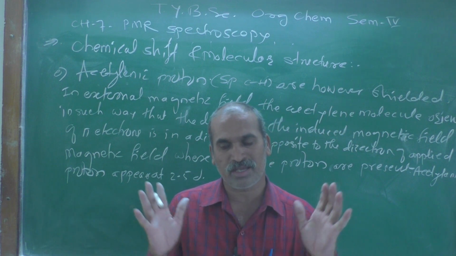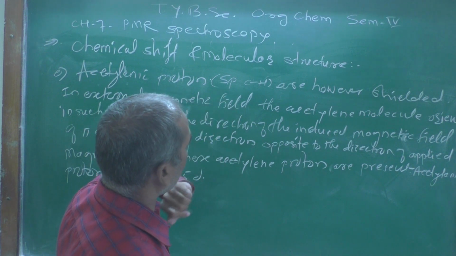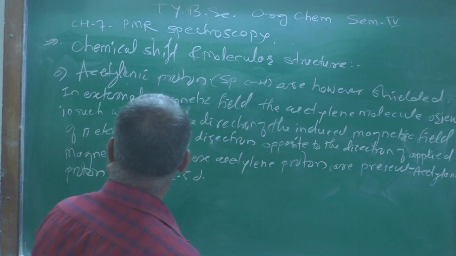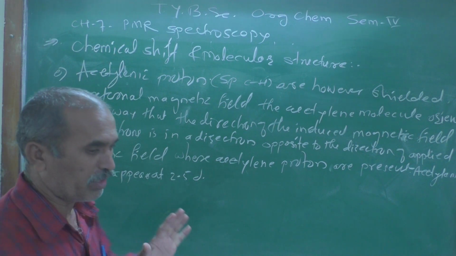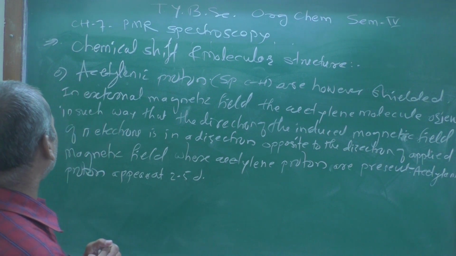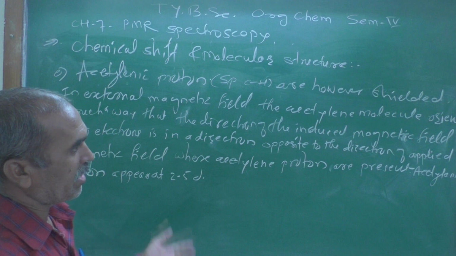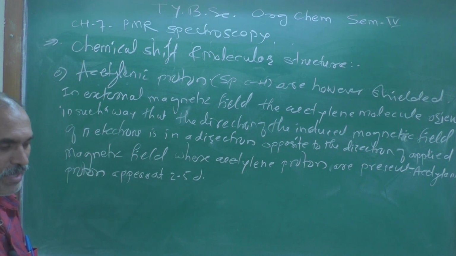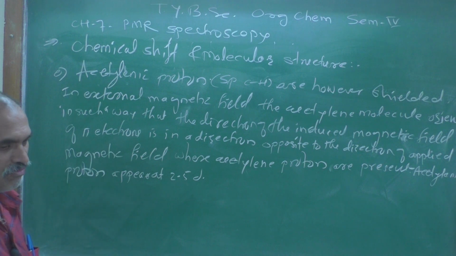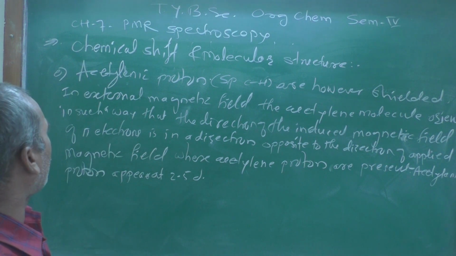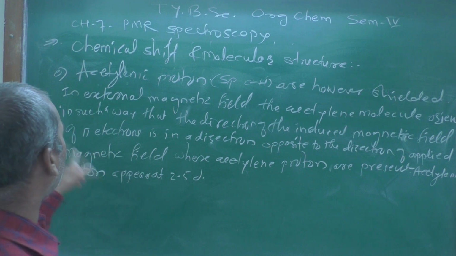In an external magnetic field, the acetylene molecule orients itself in such a way that when we apply the magnetic field, there is a generation of an induced magnetic field, and the induced magnetic field of the pi electrons is in a direction opposite to the direction of the applied magnetic field.